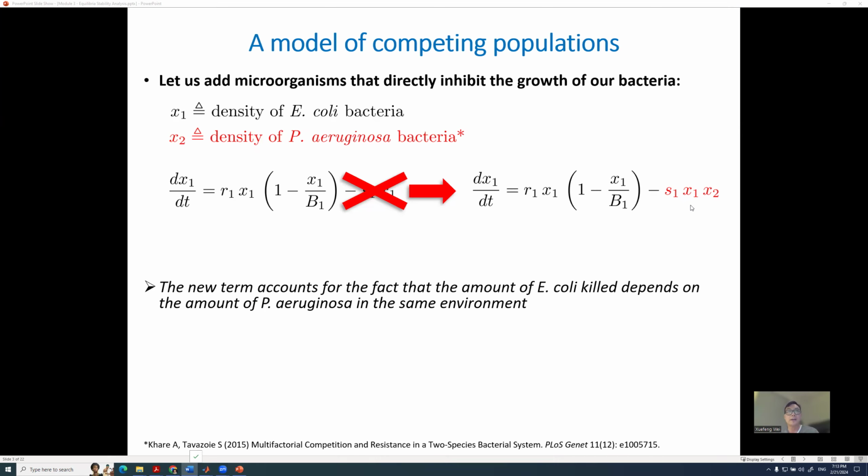For this equation describing the density of E. coli, which is X1, using this multiplicative term, we are expressing that E. coli and P. aeruginosa bacteria are competing for the same resource or same nutrients.